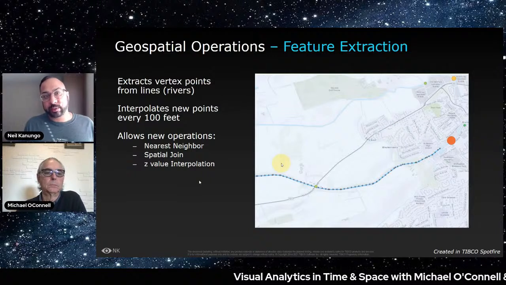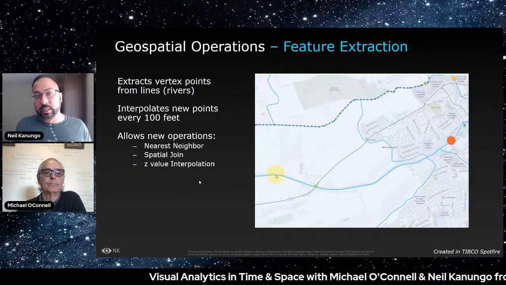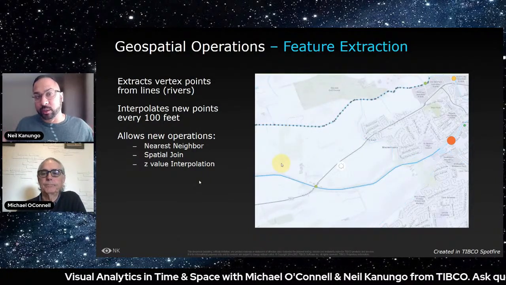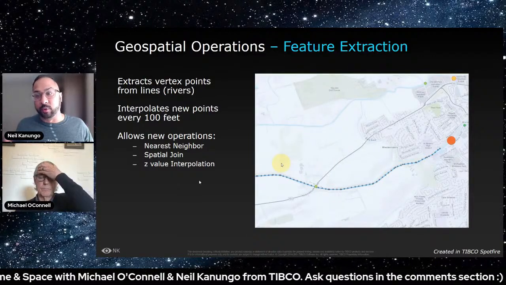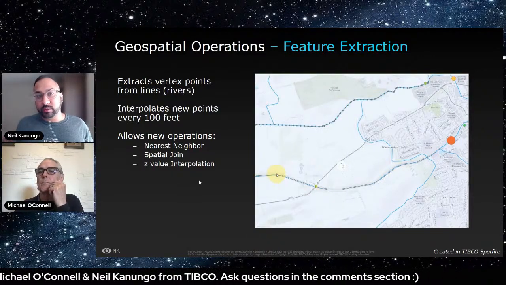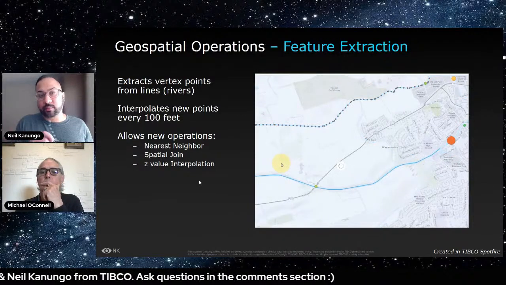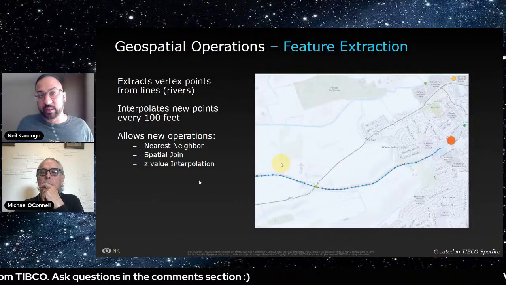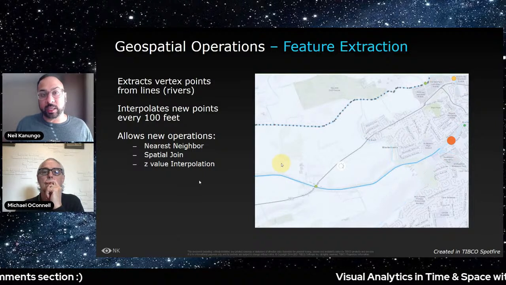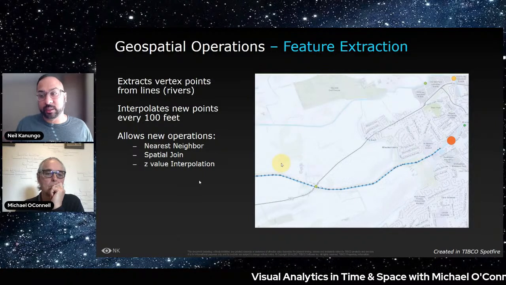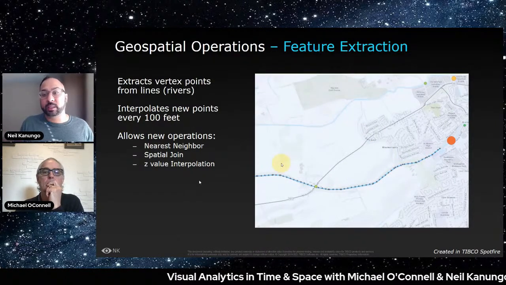If you're familiar with spatial data, you'll know that that line is a certain record on its own. So the whole line represents one data point. What I want to do is split that line up into different data points so I can do an interpolation of values along there, or I can find a point that's nearest to that line. There are many reasons why I might want to extract those geometries.